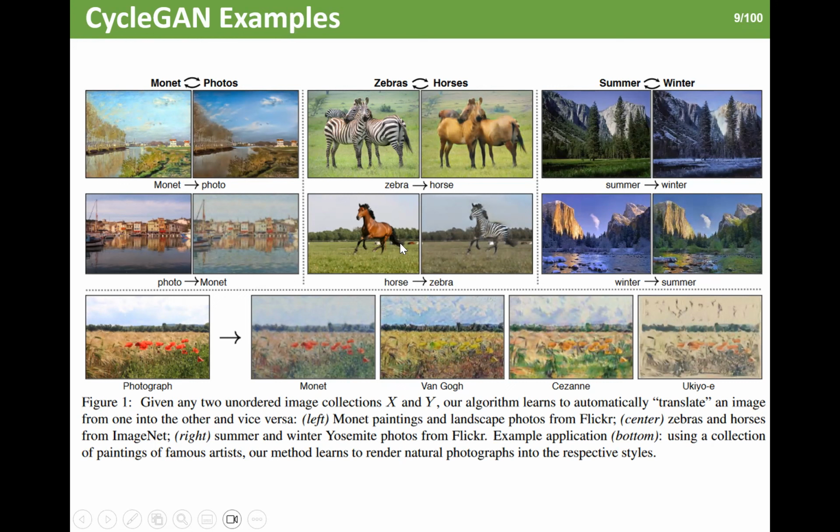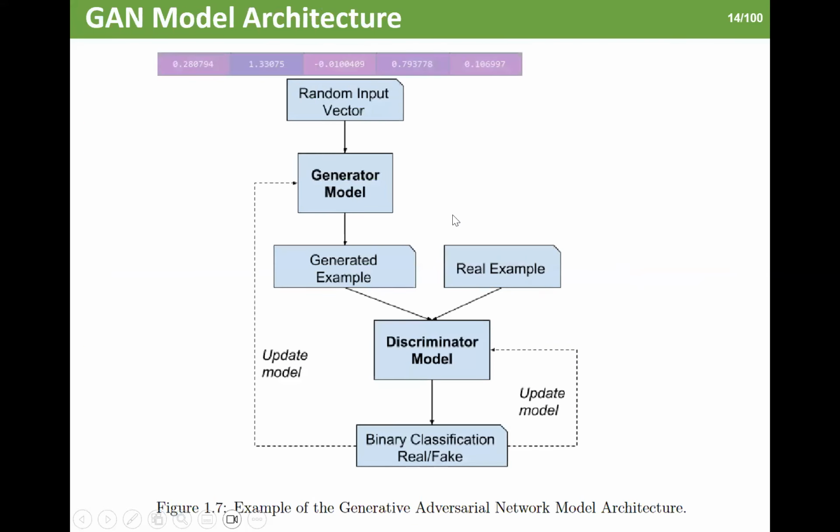And likewise, this zebra never existed, so you cannot say that this is the correct zebra image. All you can do is play this kind of game where you try to trick the discriminator and go back and forth. So that's the difference between supervised and unsupervised training.